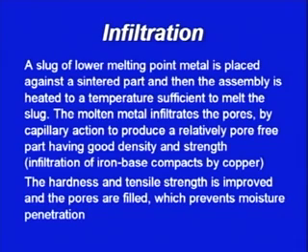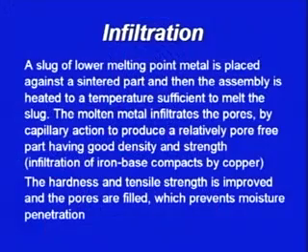One example we can quote here is infiltration of iron based compacts by copper. Suppose we are making a powder metallurgy part of iron base, then the pores can be filled using copper. Copper will act as a slug which will be melted, and the molten copper will enter into the pores in the iron based powder metallurgy product. The hardness and tensile strength are improved and the pores are filled, which prevents moisture penetration.